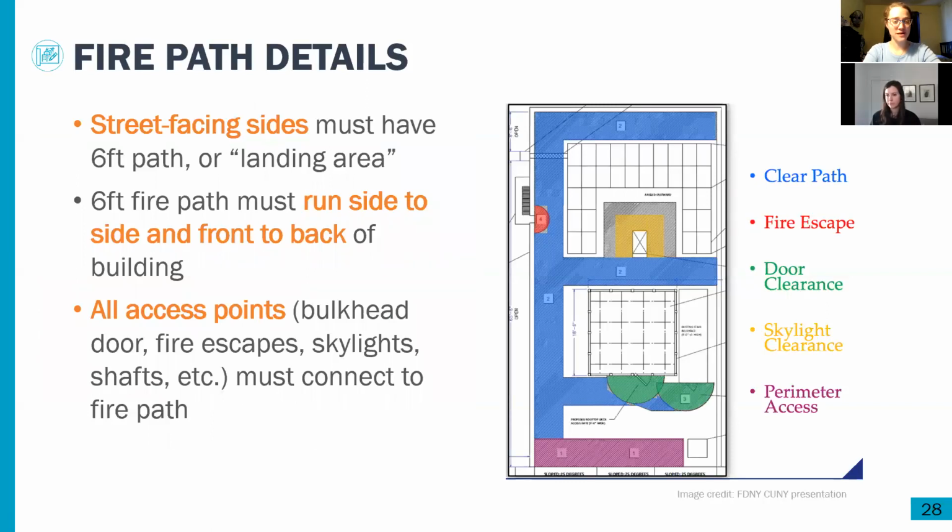So the rules from FDNY are that any street-facing side must have a 6-foot clear path or landing area for firefighters to put up their ladders and get up to the roof. There also must be a fire path that goes from side to side and front to back of each section of the building. So if it's an H-shaped building, it needs to be both lines of the H.